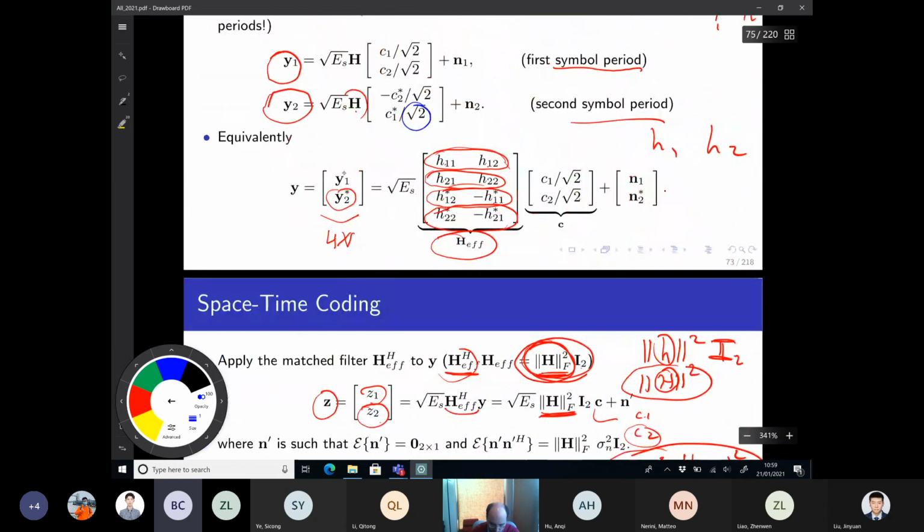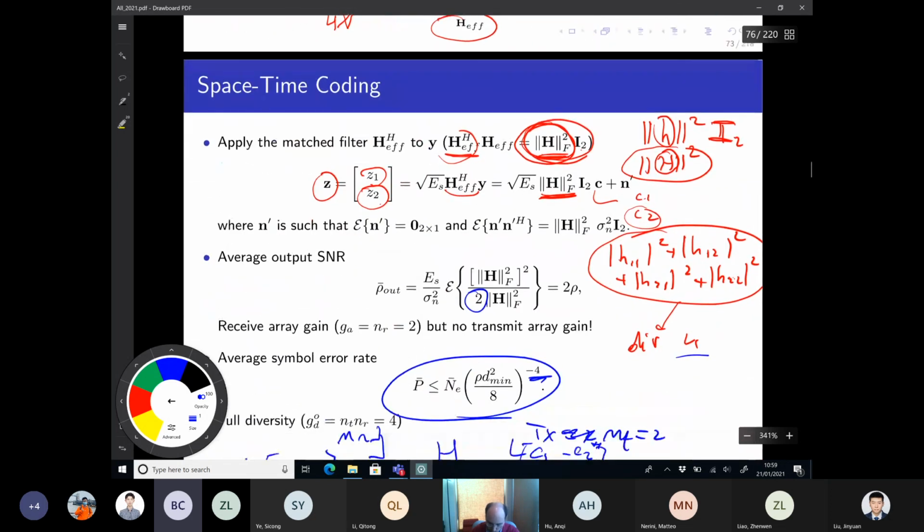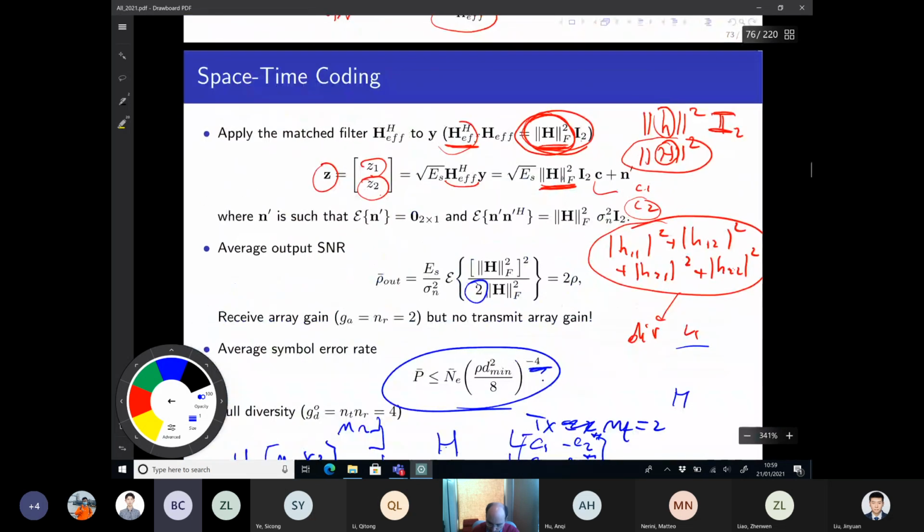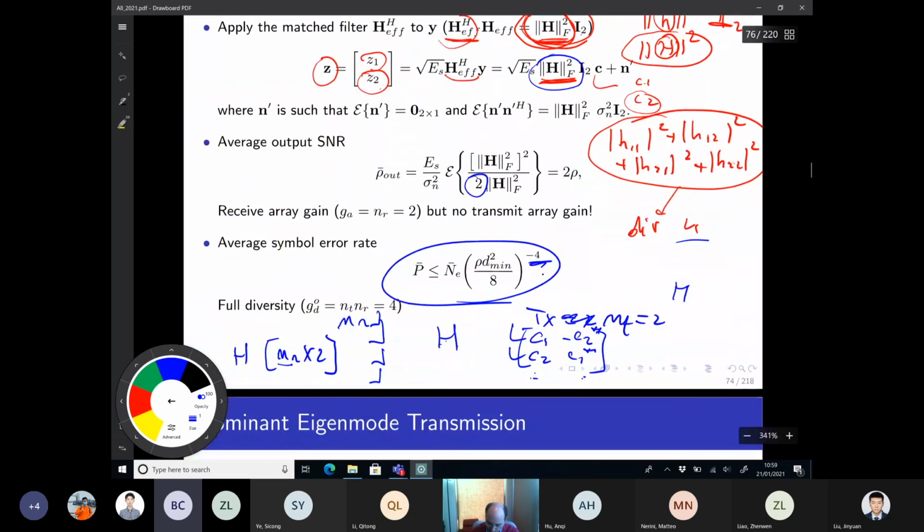So in the Y here, I'm going to have NR-dimensional vectors, 2 of them. And you're going to have a channel matrix H, with effectively a Frobenius norm of H here.